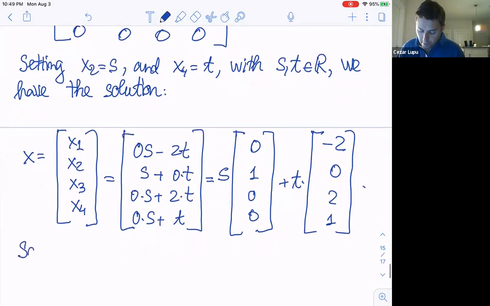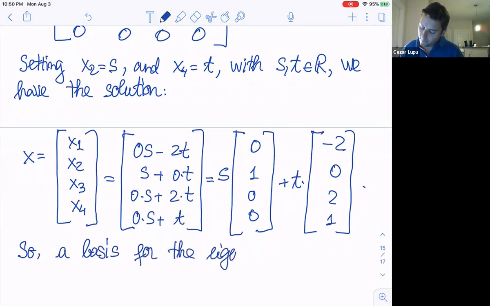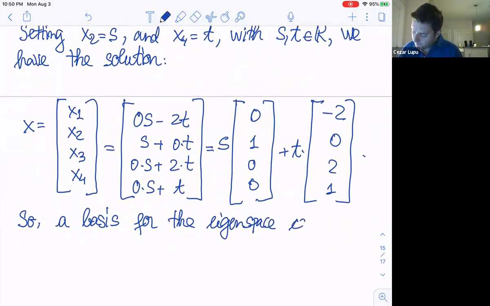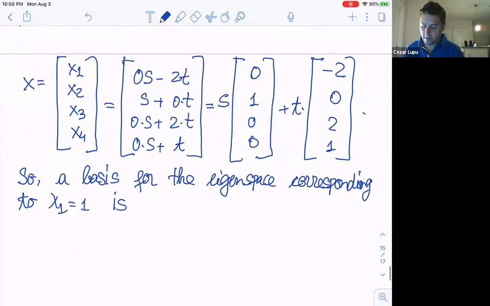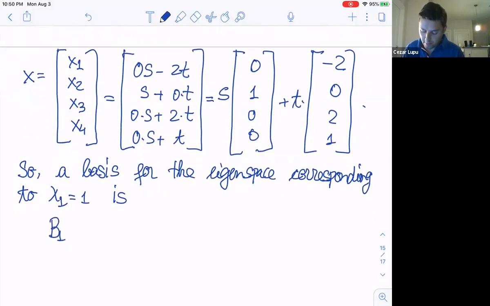So a basis for the eigenspace corresponding to lambda 1 equals 1 is given by this. Let's write this B1.